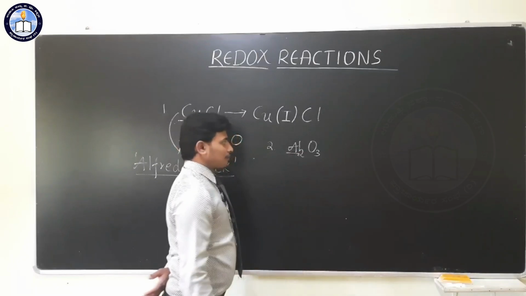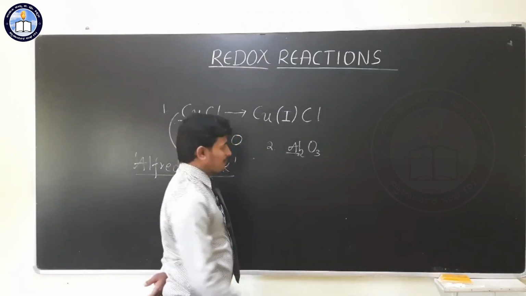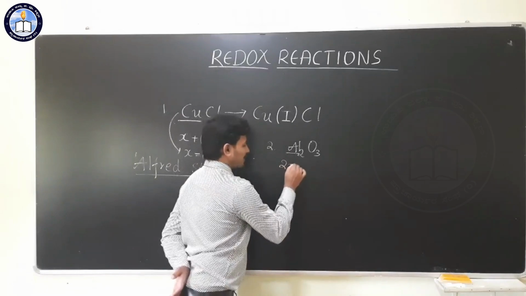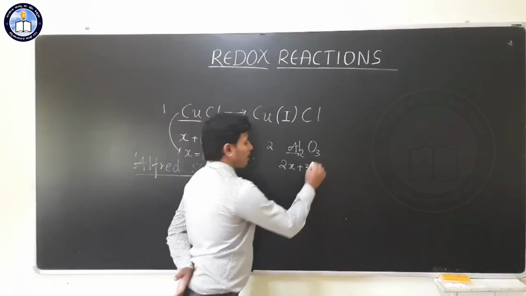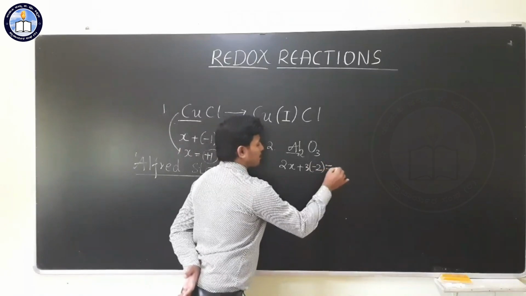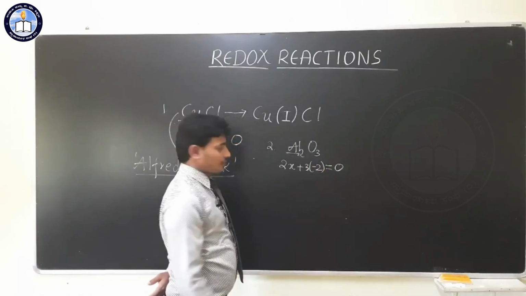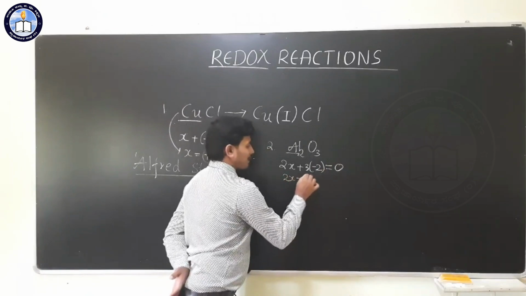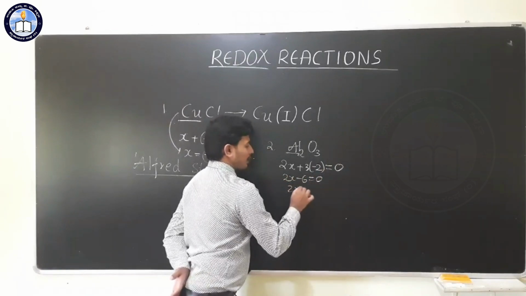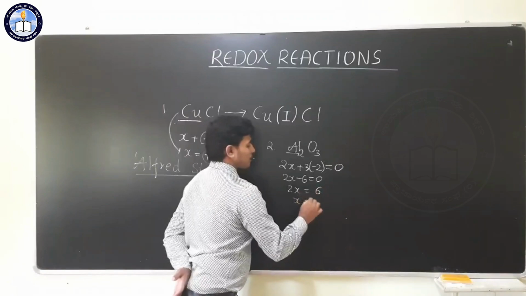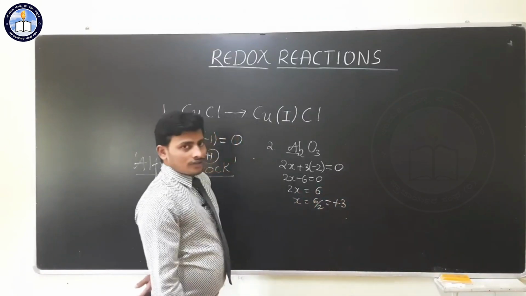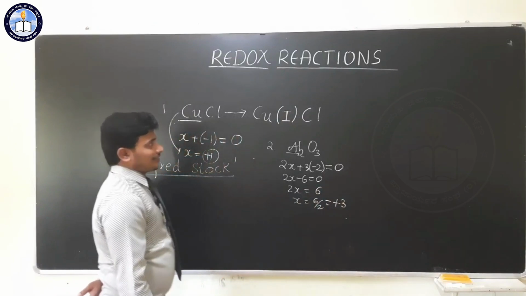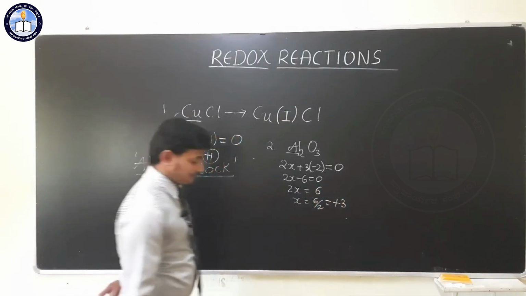Calculate oxidation number for aluminium, that is equal to 2 into X plus 3 into oxidation value minus 2, equal to 0. 2x minus 6 equal to 0, 2x equal to 6, x equal to 6 by 2, that is equal to plus 3. Okay, how to write these things in the form of Stock notation, isn't it?